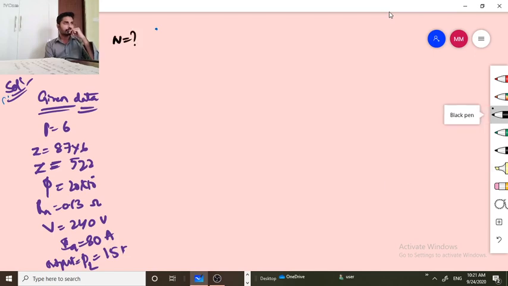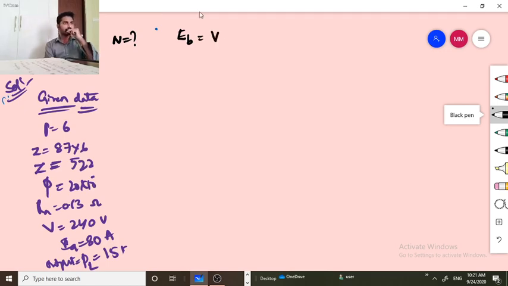In order to calculate speed, first we need to calculate Eb, then we can easily calculate N. So first we calculate Eb, assuming that this is a shunt motor.